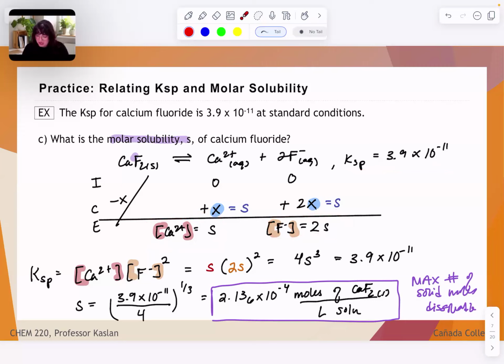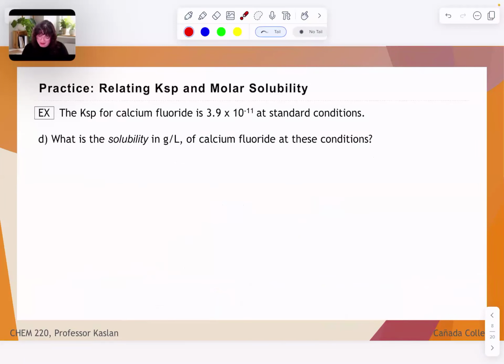Now, up next in part D of this question, we are going to be asked to do something that makes this realistic, because I had somebody ask the other day, why do we care about any of this? So we care about solubility and solubility equilibrium because of the phenomena of precipitation, right?